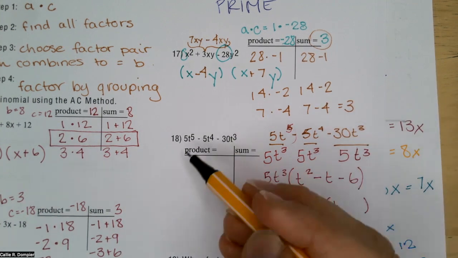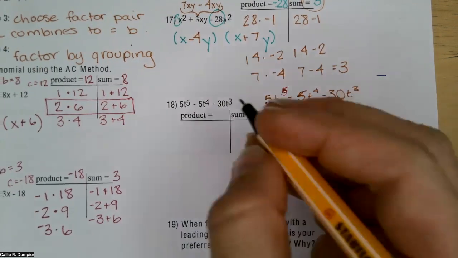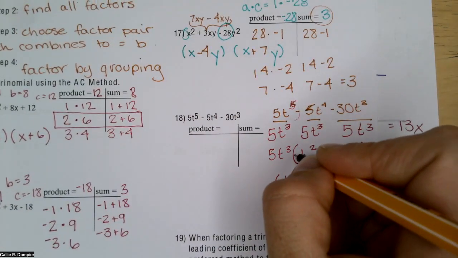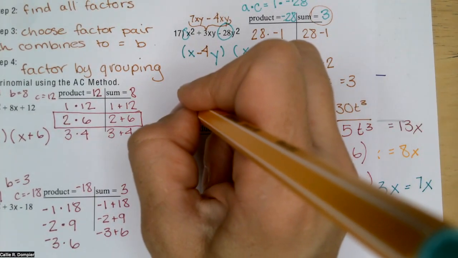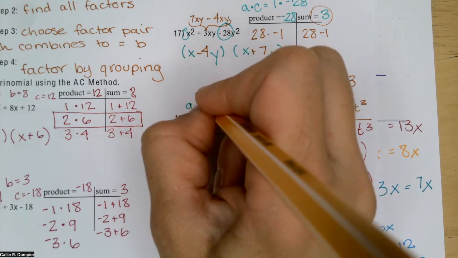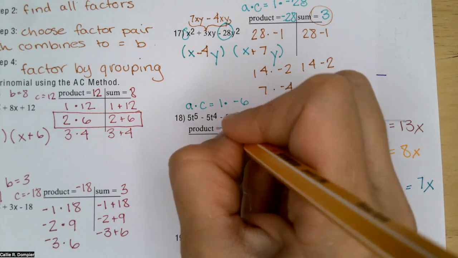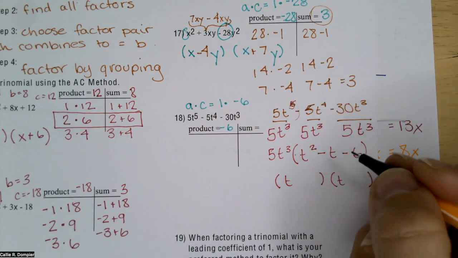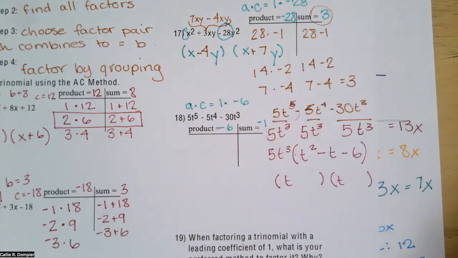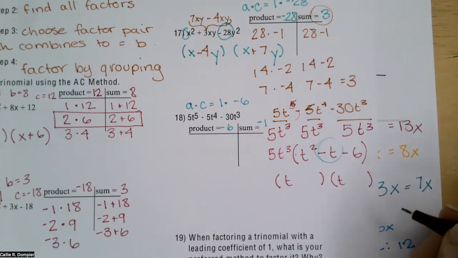And you kind of don't even need to do any of this, right? Let's do it anyway. Product of a times c, which is 1 times negative 6. So it needs to multiply to negative 6, and it needs to add to negative 1, right? It's a negative 1t.